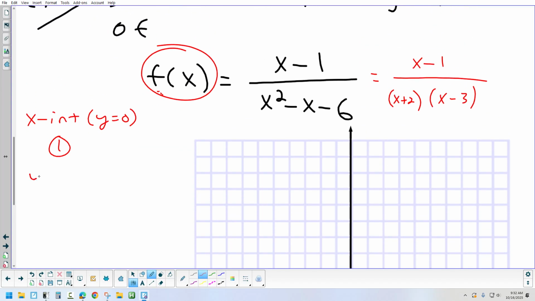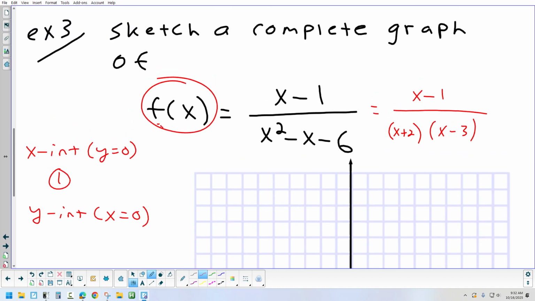Let's find the y-intercept. The y-intercept is when you plug in 0 for x. If I plug in 0 for x, what do I get in the top? Yeah, that's -1.